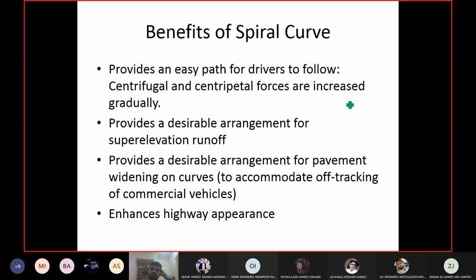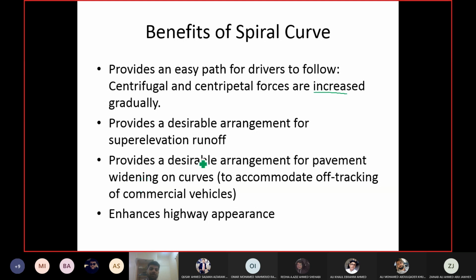With a spiral curve, these forces will also increase gradually, so it will be an easier and more comfortable path for the driver to follow. Because if the forces increase instantly to the full amount, it will become uncomfortable and you will find it difficult to maintain your lane and path. But if they are increased gradually, you will also feel more comfort.